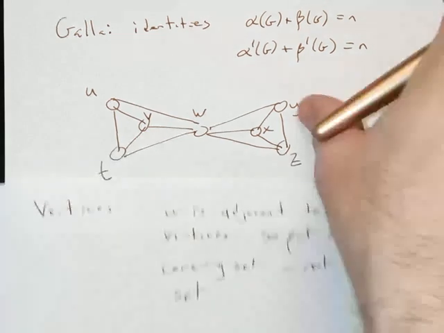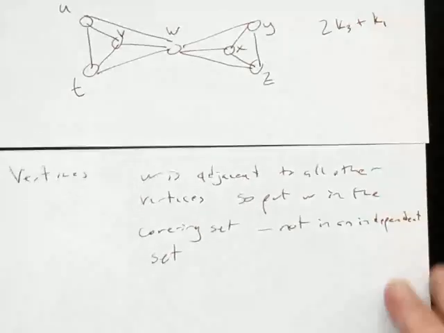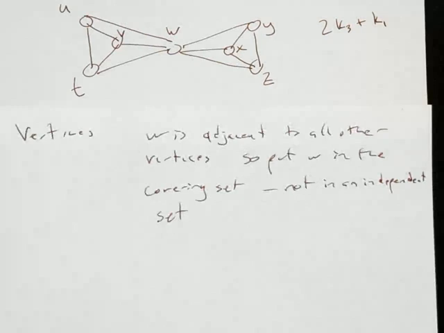As soon as I include W, I can't include anything else. All of the other ones are adjacent to it. So that's not going to work.